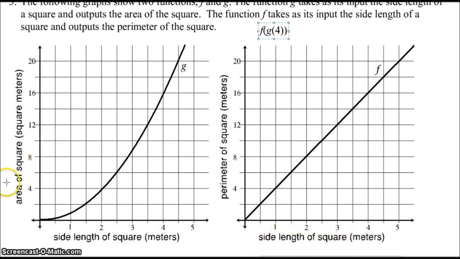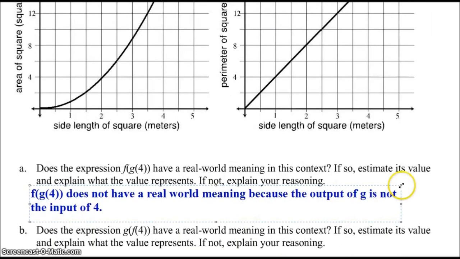We can't take an area of square meters and then try to input it into a function that takes as its input side length. So no, f of g of 4 does not have a real world meaning because the output of g is not the input of f.